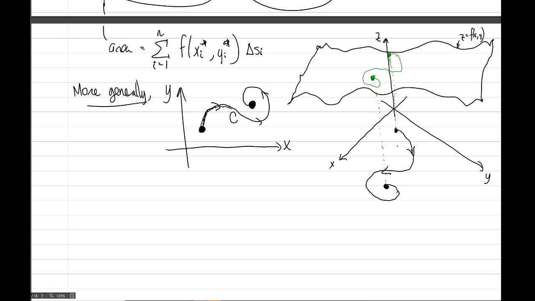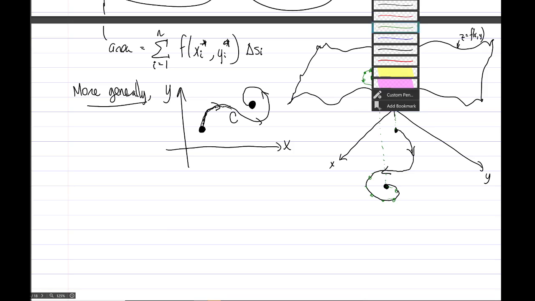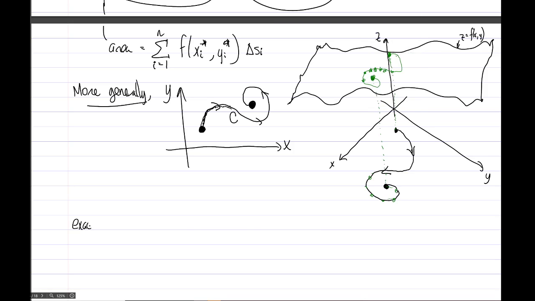Each of these points down here are at the same height because z is 0. But all these points in green up on the surface are above these points down here, and they form a curtain. The exact area, what we're finding with this line integral, is that we're going to integrate this function, whose graph looks like this, over this curve here.